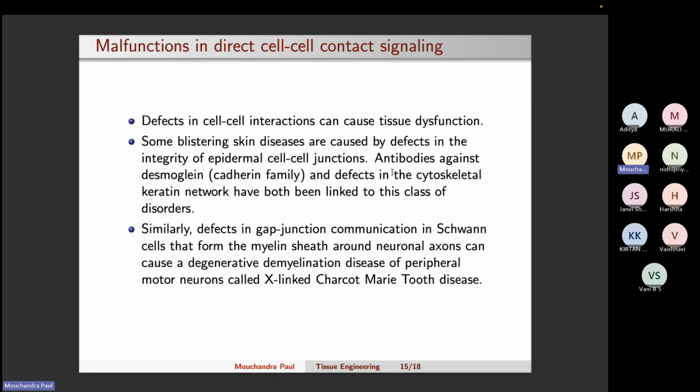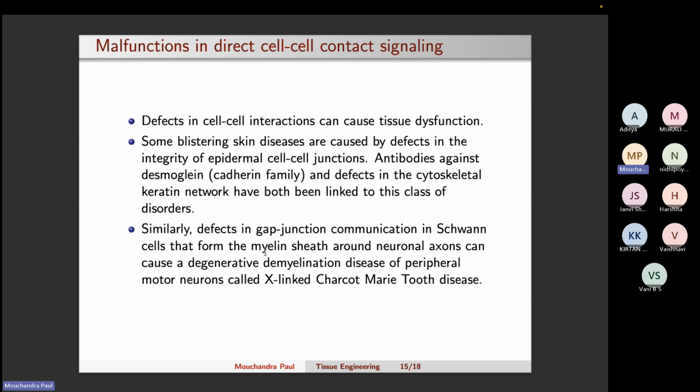So if there is some defect in the cytoskeletal keratin protein or the synthesis of antibodies, an autoimmune disease basically, the body synthesizes antibodies against its own proteins, that is the cadherin family. So if these things happen, then proper cell-cell junction will not be formed, and skin diseases like blistering skin diseases can take place.